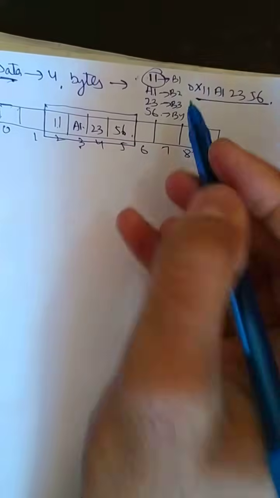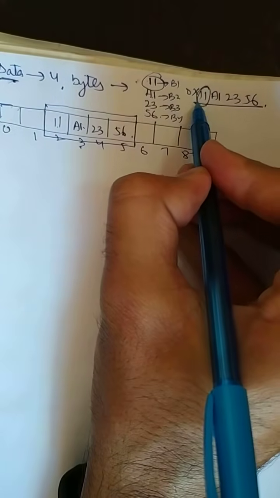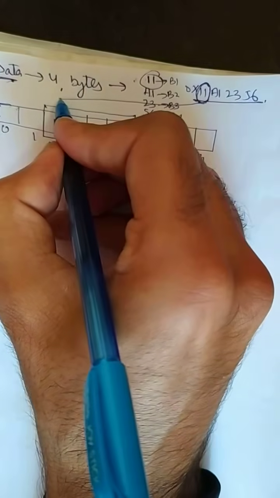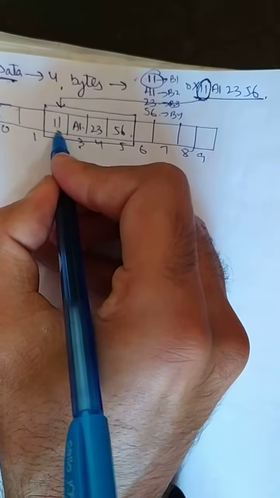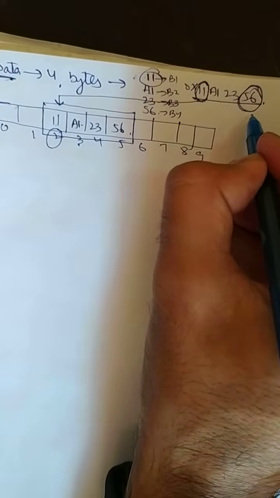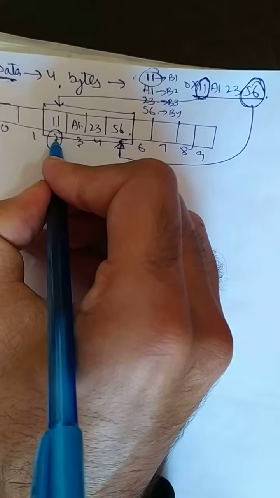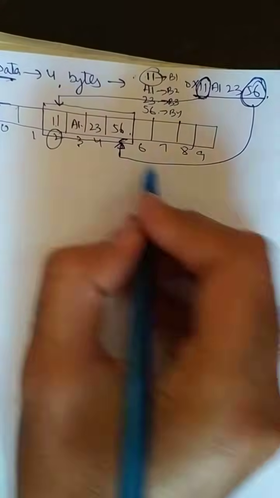What we are doing is the most significant byte is stored at the lowest address, and the least significant byte is stored at the highest address. The highest address of the 4 bytes is 5 here.